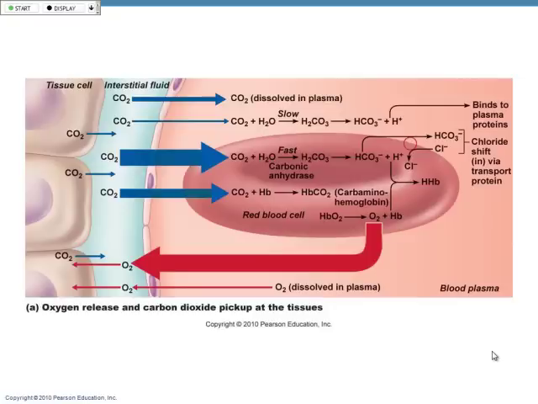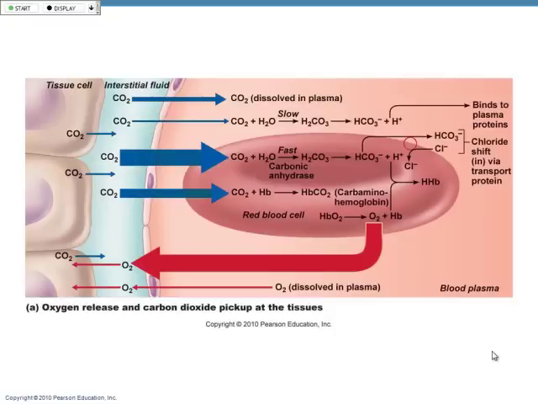The other thing is that most of the transport of carbon dioxide is actually going to take place in the plasma. And the chemistry involved in that is the reaction that we see above. So plasma proteins, buffers, HCO3, a buffer, is going to help carry a lot of that carbon dioxide back to the circulatory system for gas exchange.